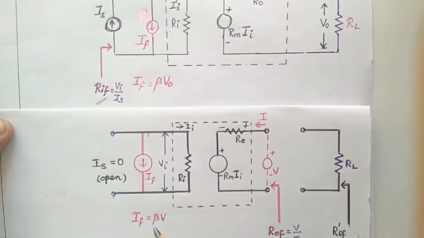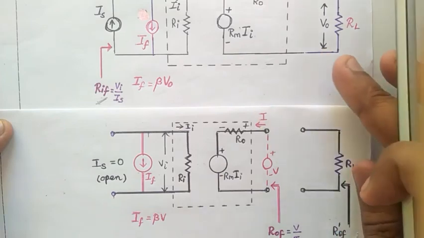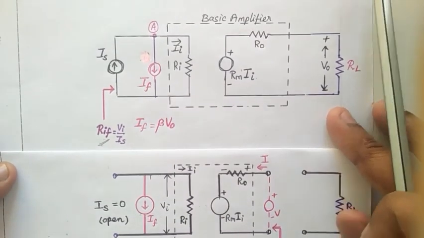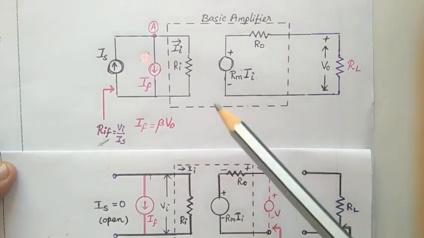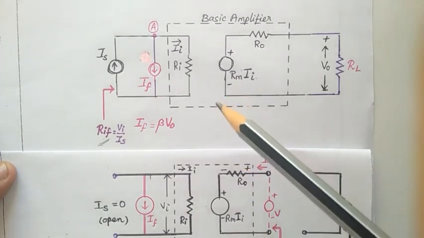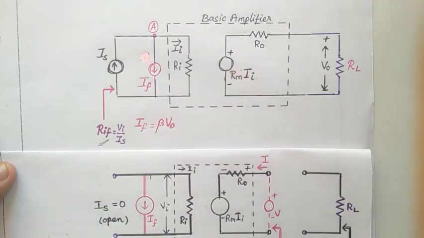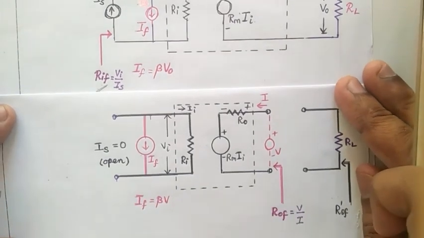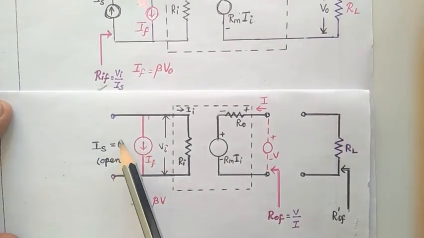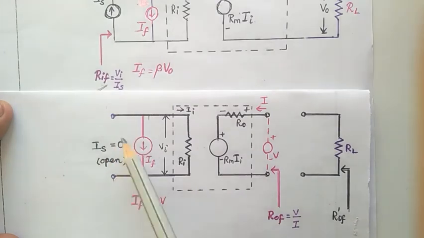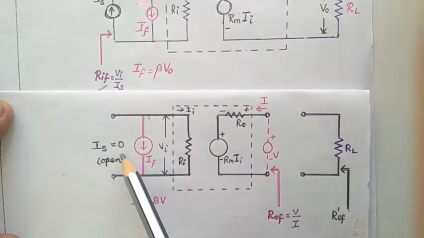Now we discuss the output resistance of the voltage shunt feedback amplifier. For that, first we have to take the equivalent circuit. This is the equivalent circuit used for analysis of input resistance. In this diagram, I am going to make some modifications. I open the source input, that is IS is equal to 0.